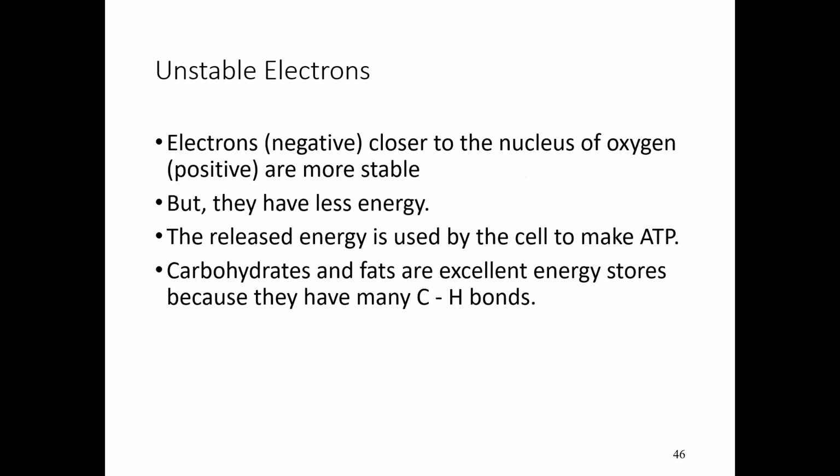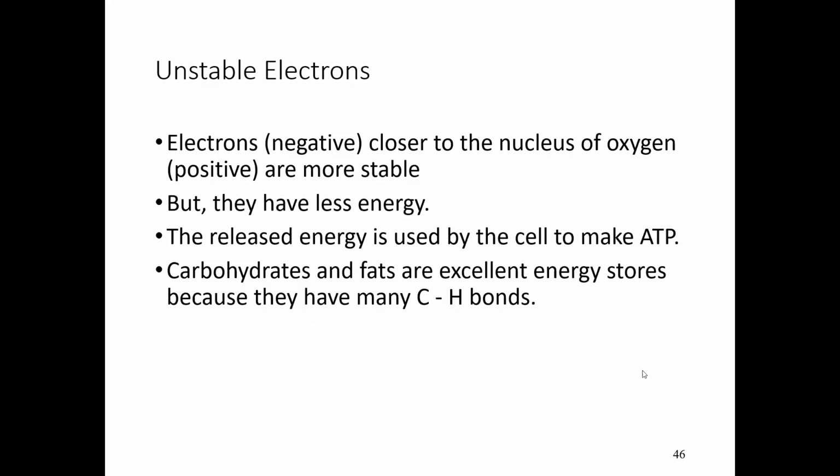So now, the bottom line is that when we break the covalent bonds, that energy that is released can be used to make ATP. ATP is nothing but a nucleotide.